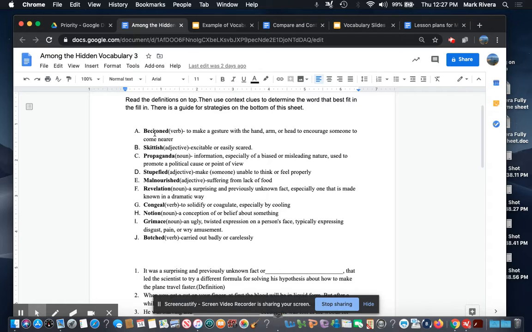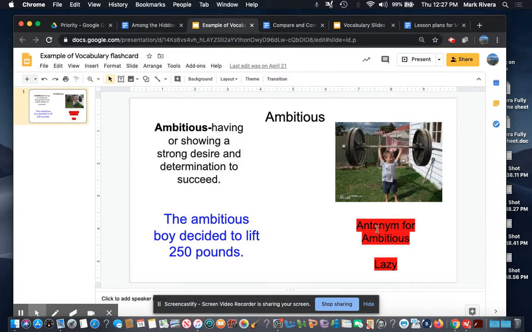So when I go to do beckoned, I'm going to have to find a word that doesn't mean to call over. What I might put is maybe waving goodbye, right? So instead of saying beckoned, I would put waving goodbye in this bottom right corner because that would be something that's not the same as calling over, okay?